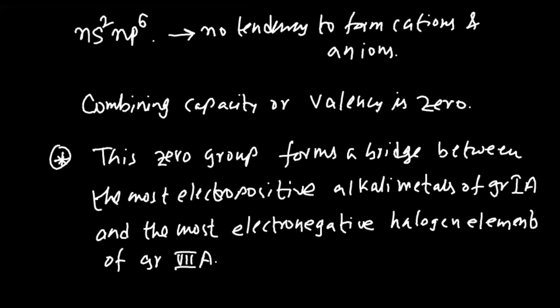This is the reason why inert gases are placed in group 0, because their tendency to form cation or anion, or rather their combining capacity or valency, is 0.